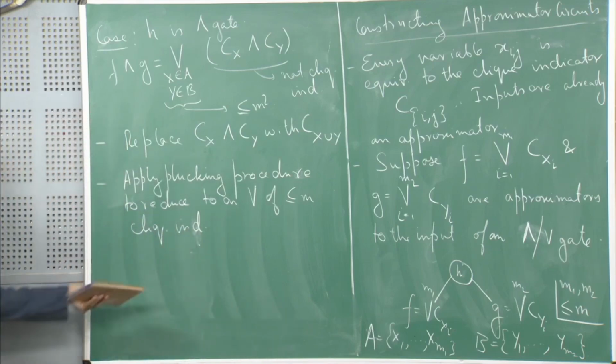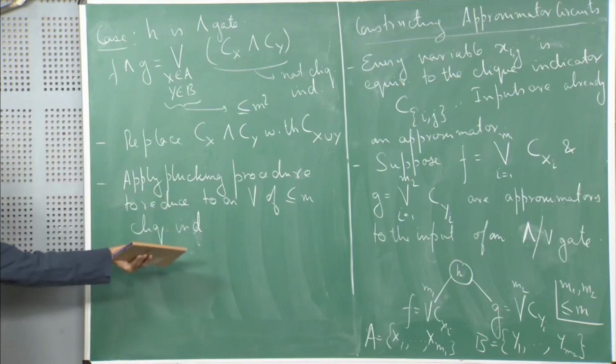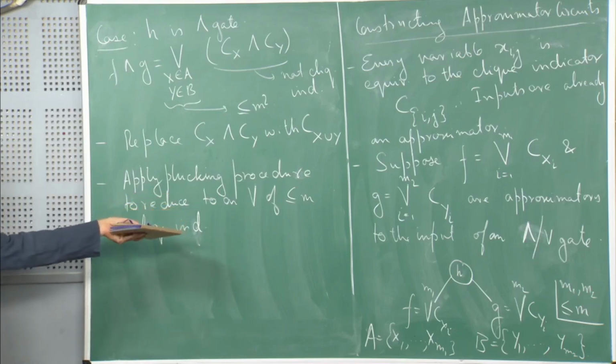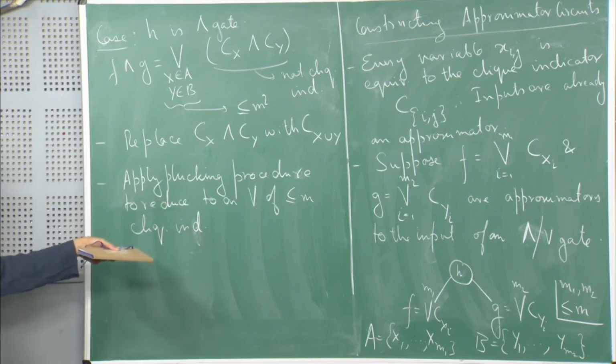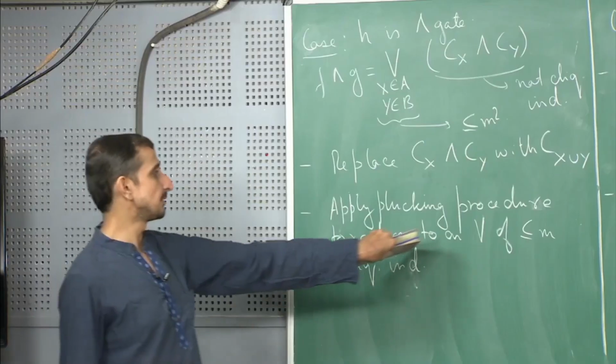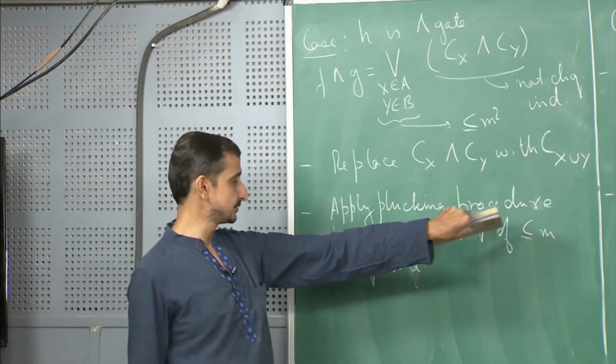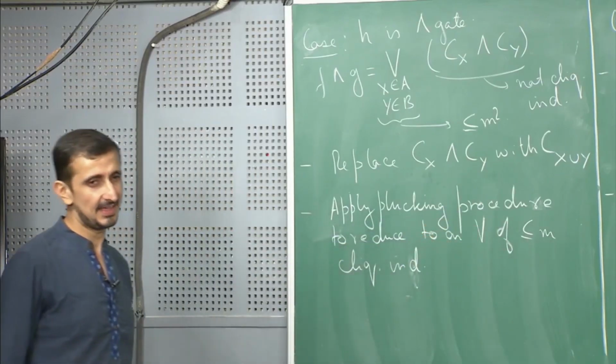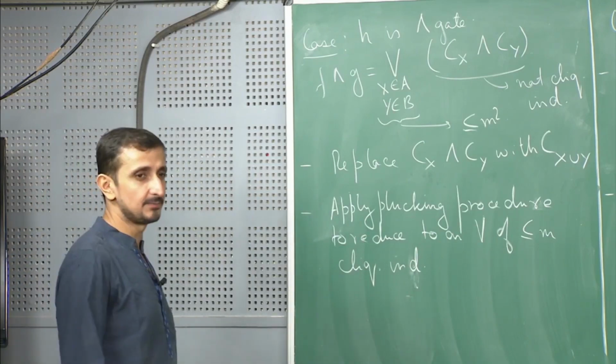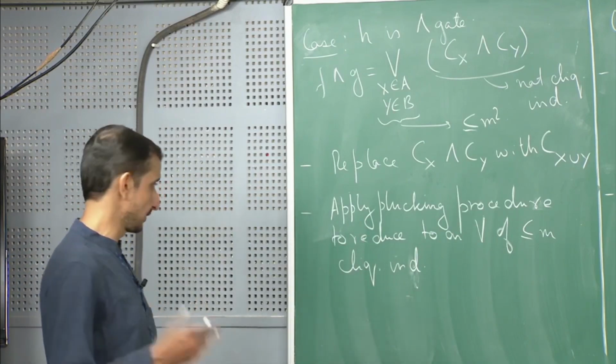And the number of times you have to apply the plucking procedure, you can be a little bit particular here. It will be something like m square divided by m, something like that, but anyway, it doesn't matter. You can give an upper bound that the number of plucking procedures that need to be applied is m square anyway. Each plucking procedure anyway brings it down by 1.